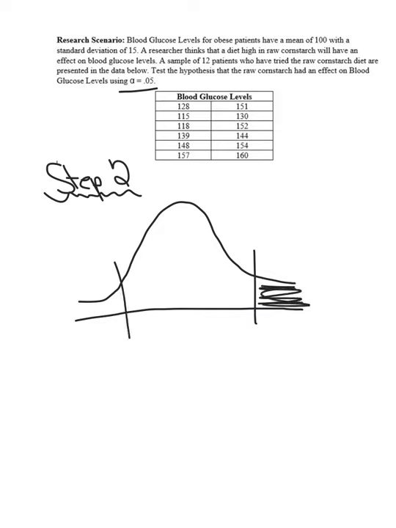So basically we're going to split 0.05 in half. 0.05 is 5% split in half. So we're going to put 0.025 in this tail over here, and 0.025 over here.